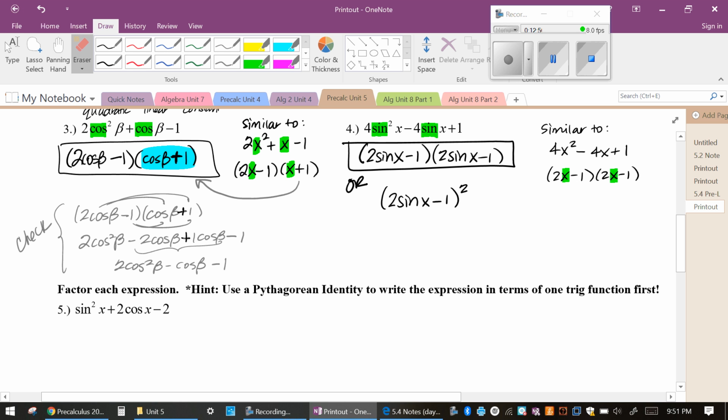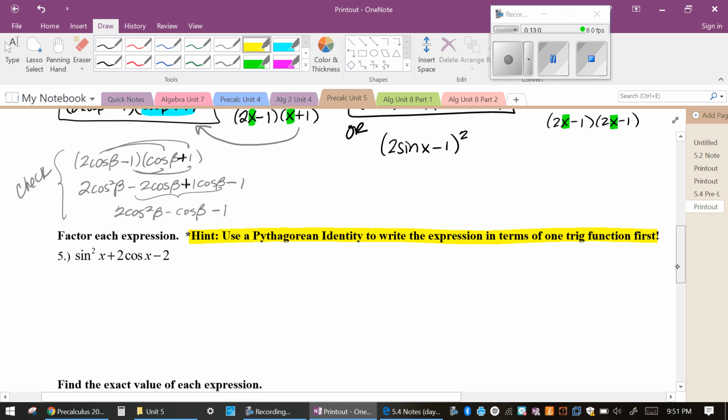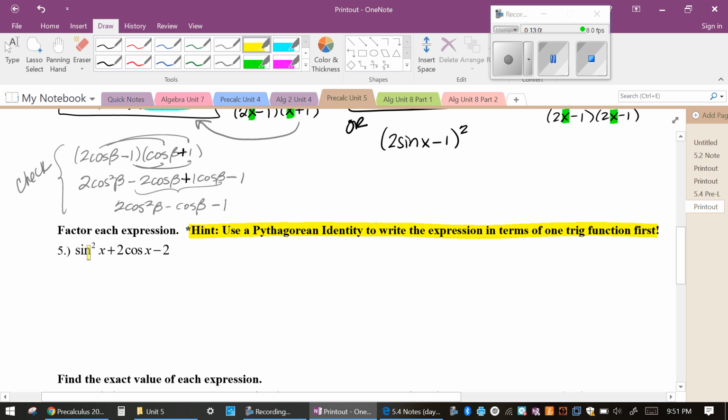Okay, notice that the directions for number 5 are the same as 1 through 4, except this is where I remind you that you need to make sure you write everything in terms of one function. Now, because these are quadratic, notice sine x squared is quadratic, you're often going to use the Pythagorean identities that we learned about.